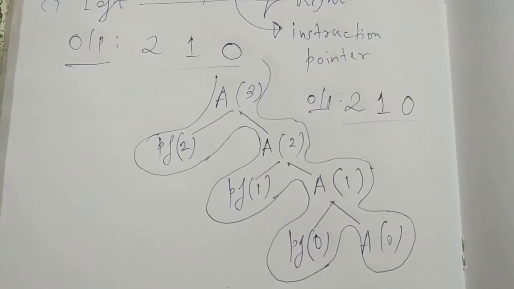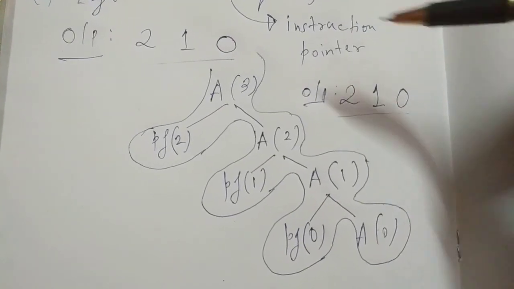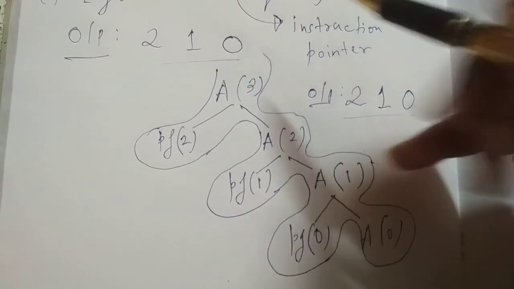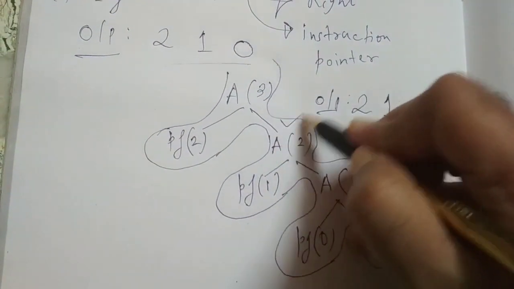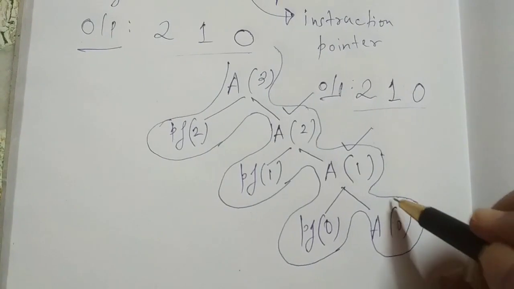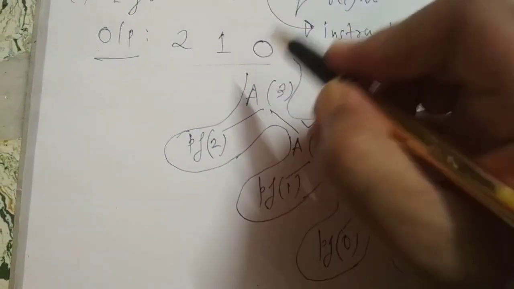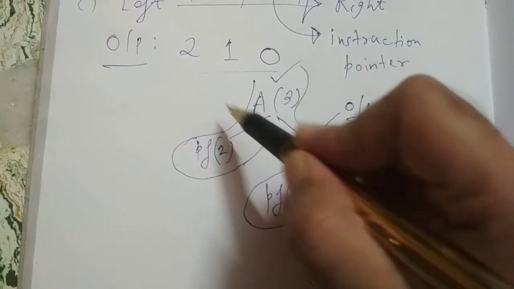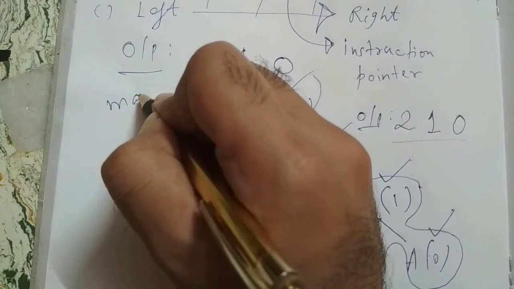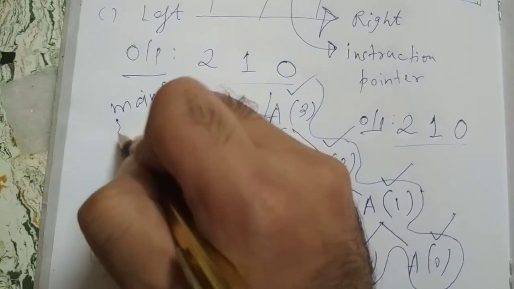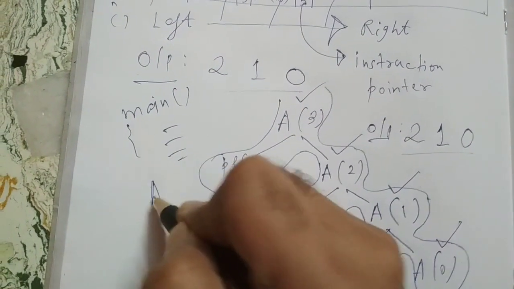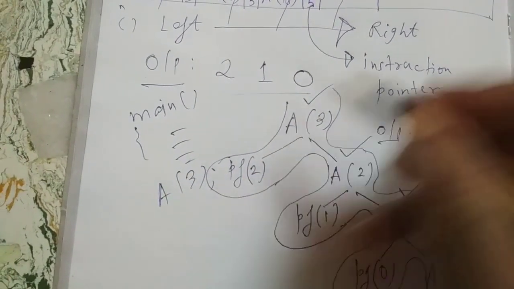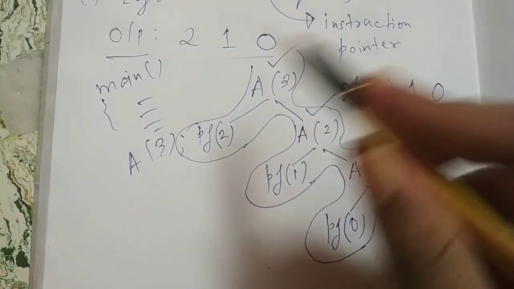So as I was saying, you can clearly see that the total number of function calls being made are 1, 2, 3. And we have to take the original function call too, because some function must have made a call to a of 3. Let's say I have written a main method, and there at some point I made a call to a of 3, which led to this entire computation.